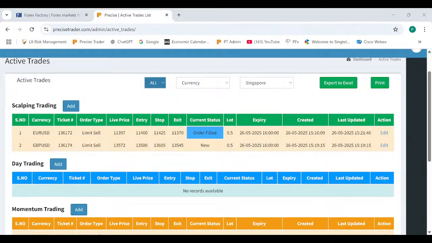Sorry, I repeat again. For those of you who came in late, we are holding two trades now. One is gold shorted at 38, then euro shorted at 114, and we are trying to sell pound at 135.80.